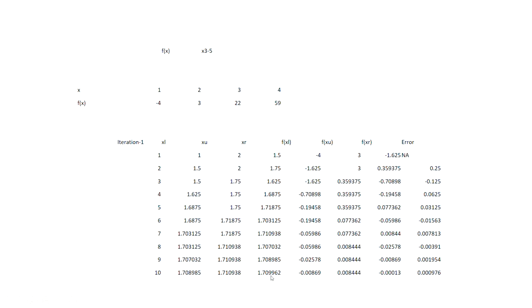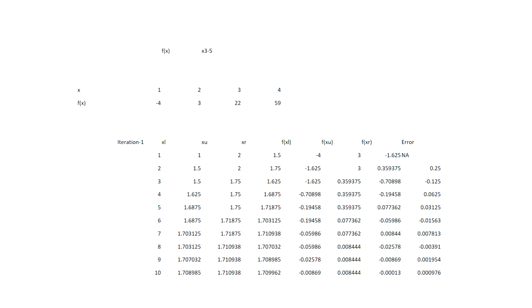The point to remember is that first we find the bracket and then we use the bisection method, where either xl or xu will be replaced by the value of xr, that is the average of xl and xu, based on the sign of f of xr.